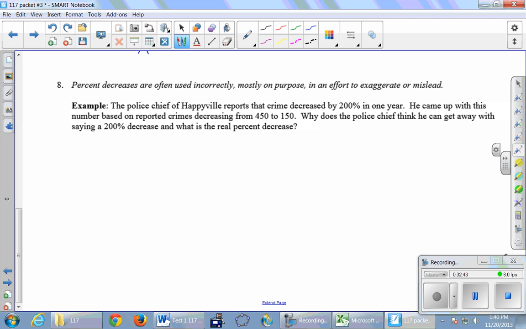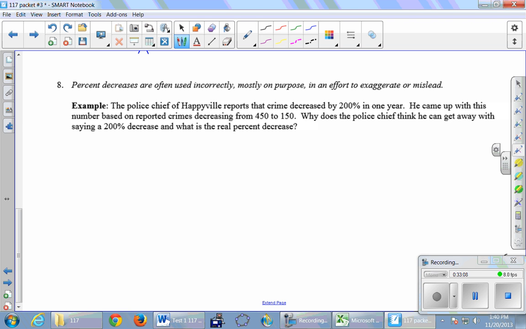It would be Happyville. Is it possible for something to decrease by 200%? Well, it depends on the context. If we could end up with some negative, then decreasing by 200% is okay.